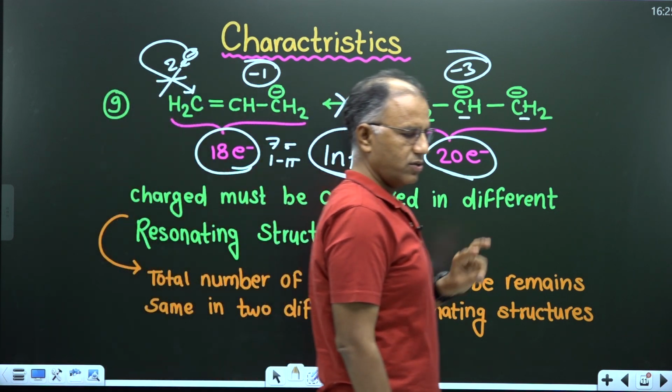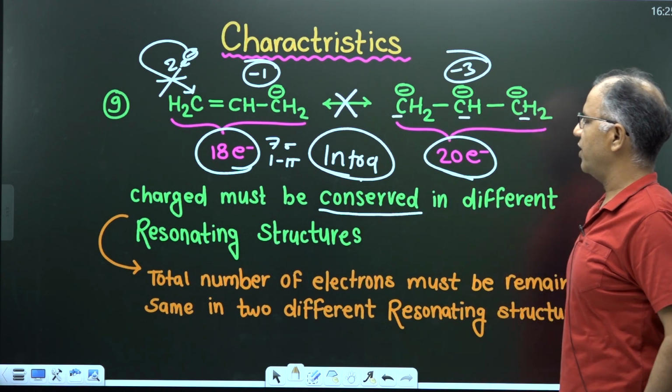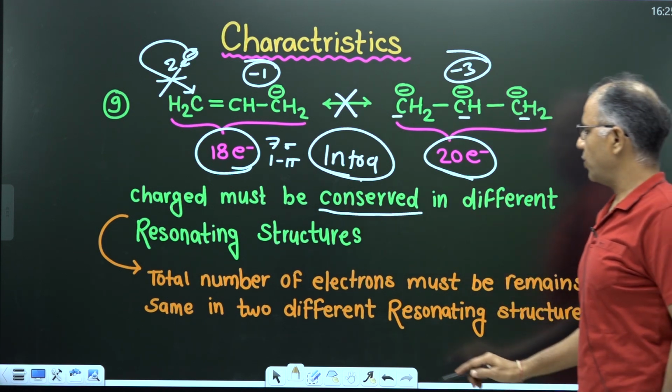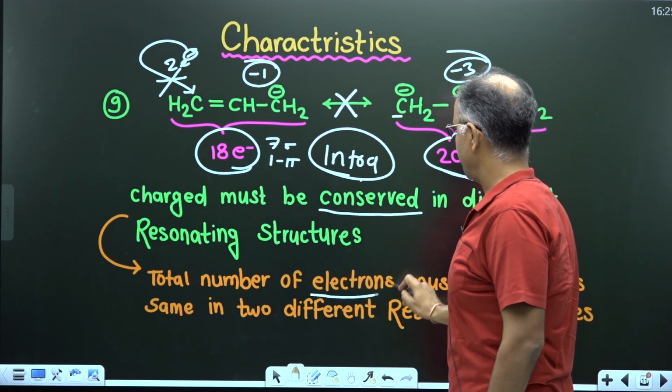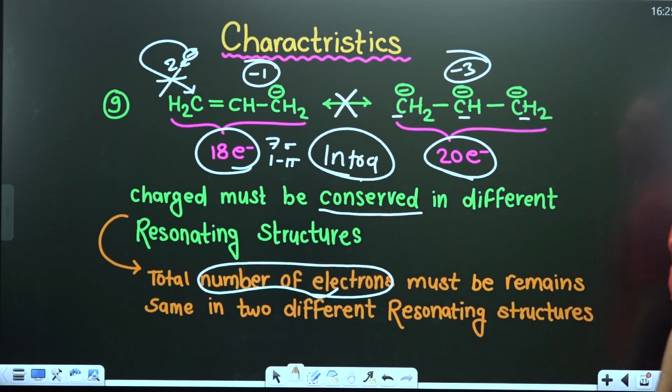So you have to write two more points. Charge must be conserved in different resonating structures. And next, the total number of electrons must remain the same in different resonating structures.